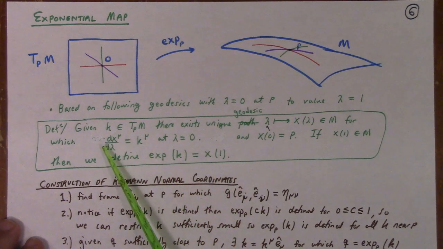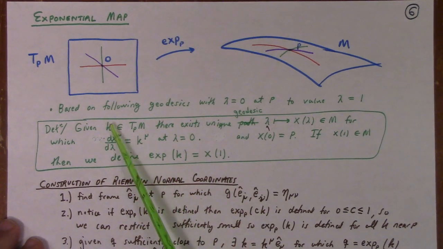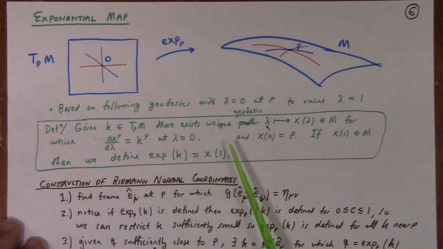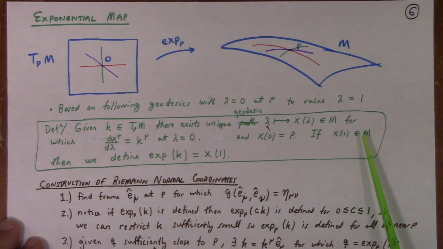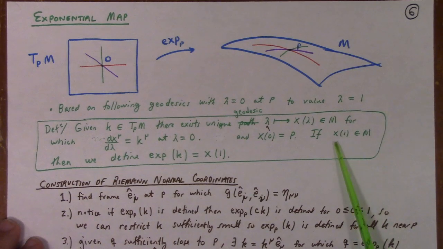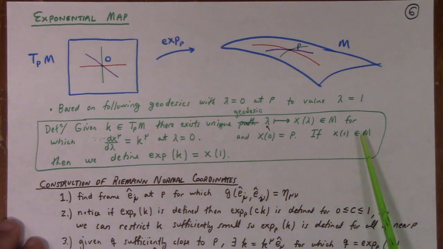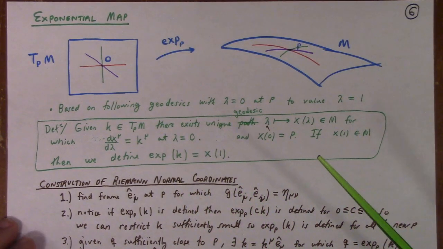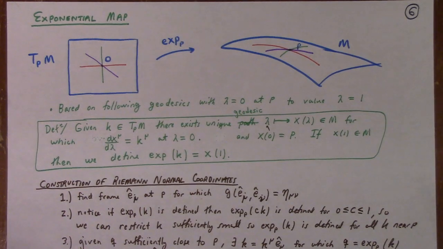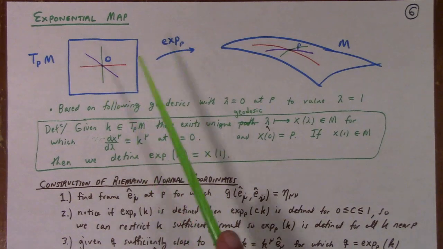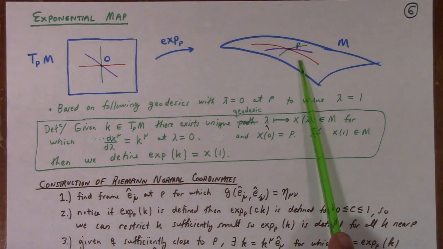If you can find a geodesic which takes k as its initial velocity, and at parameter 1 it is defined, then whatever it goes to in the manifold, that's what the exponential of k is. All right, so that's the exponential map. It maps lines in the tangent space to geodesics in the manifold.